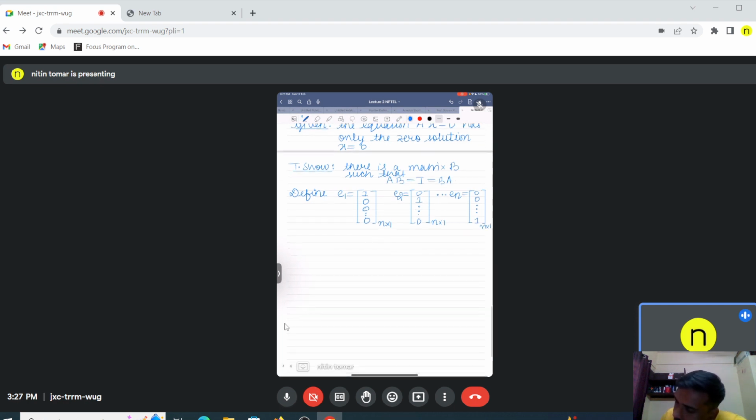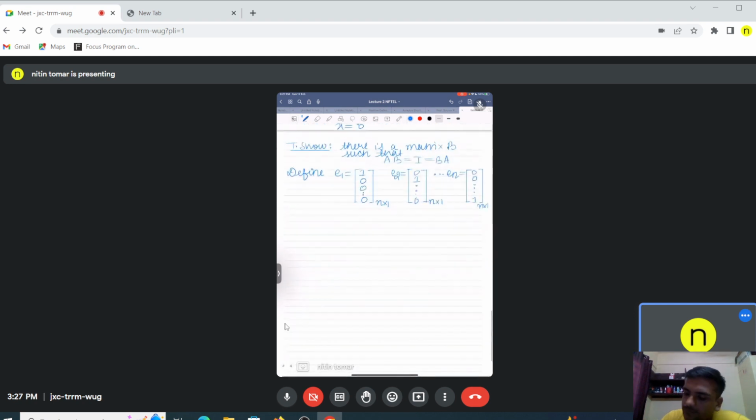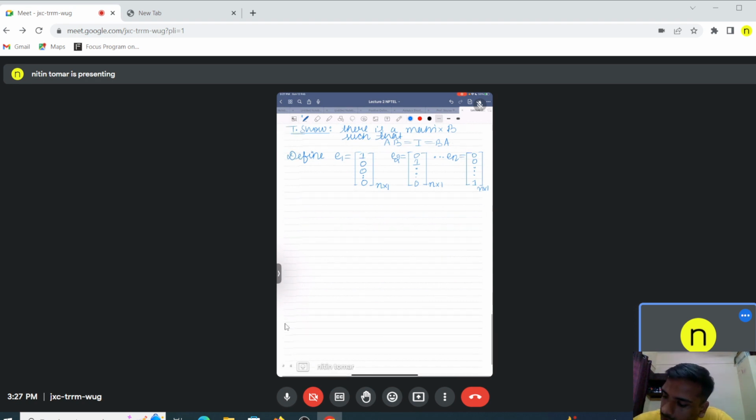Now, can I say that we consider the equation Ax equal to ei? So this is one equation, right? What should be the solution?